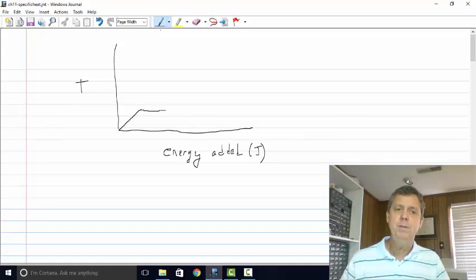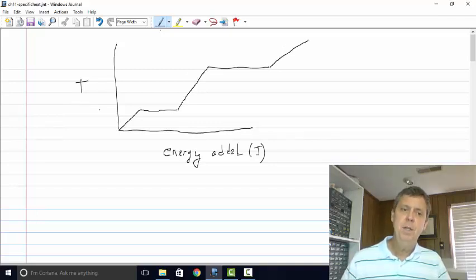At the melting point, we have a flat line. Once all of our material is melted, we have a different slope, and this keeps going until we get up to the boiling point. At the boiling point, we have a flat line again, and then a different slope. So again, here we have the melting point. Up here we have the boiling point.